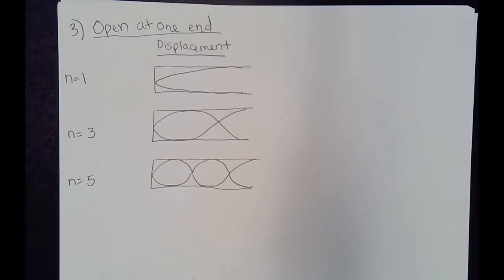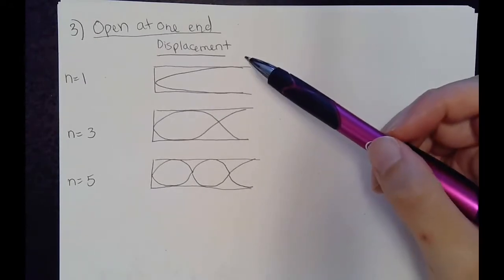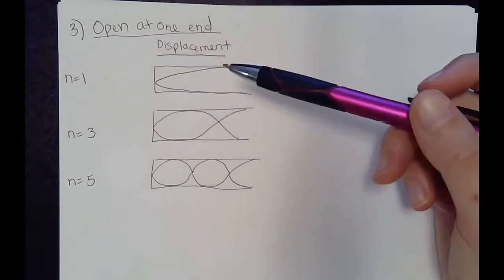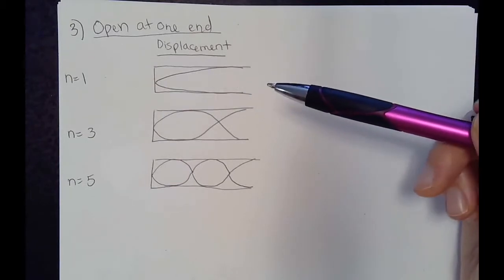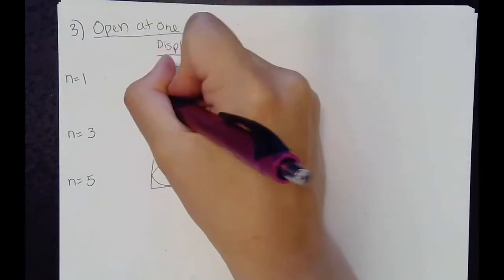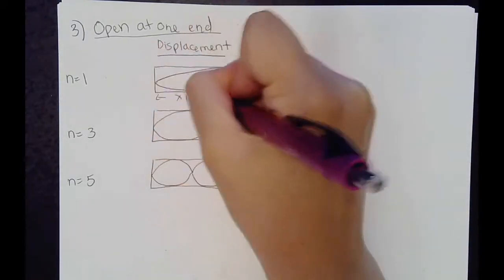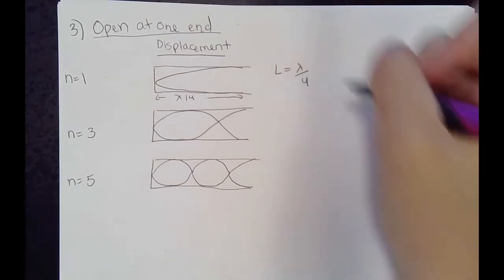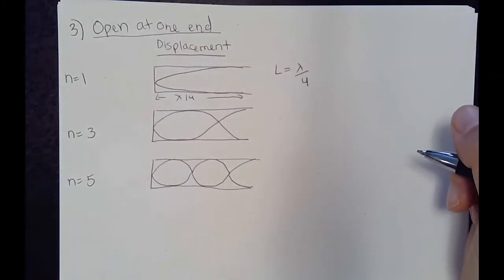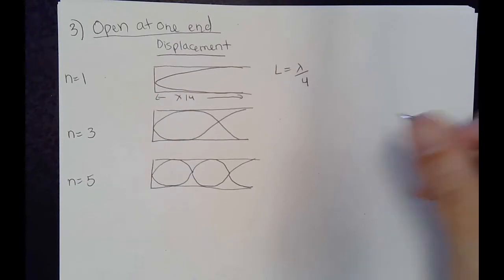Okay, I've left some room so we can look at the theory for the open at one end or closed at one end air columns, since they are a bit different. So let's look at counting the wavelengths. Here we have lambda over 4. So L equals lambda over 4, which is different than the previous 3 diagrams we've seen.